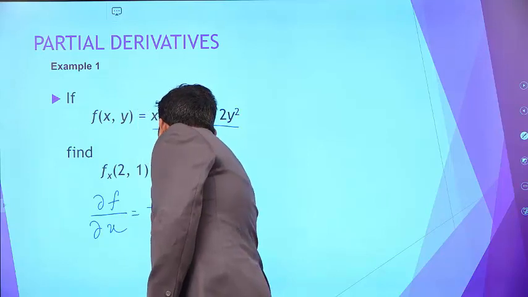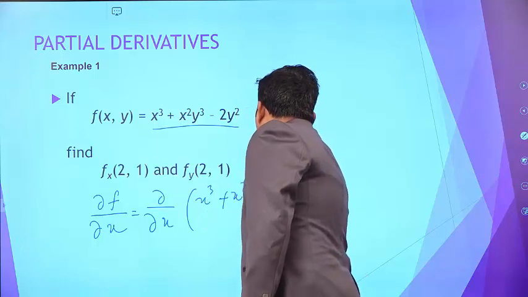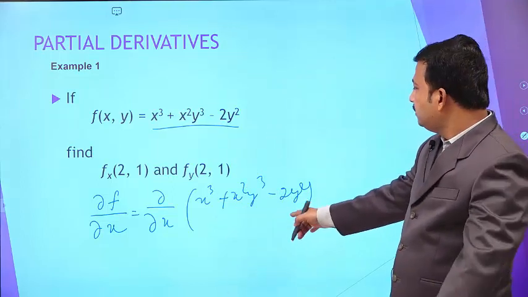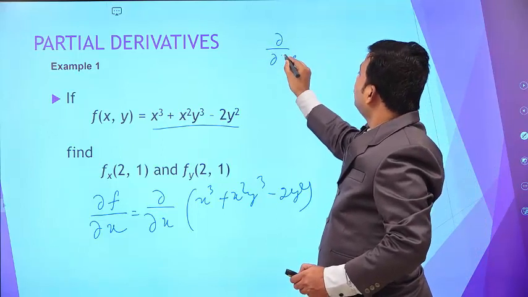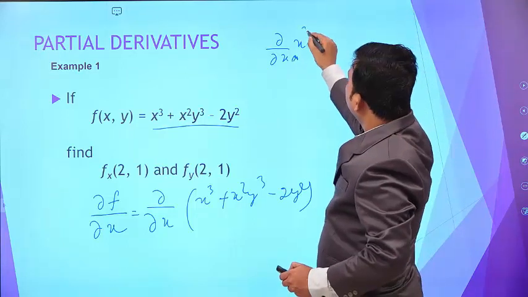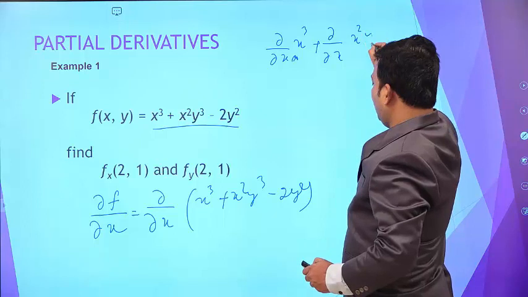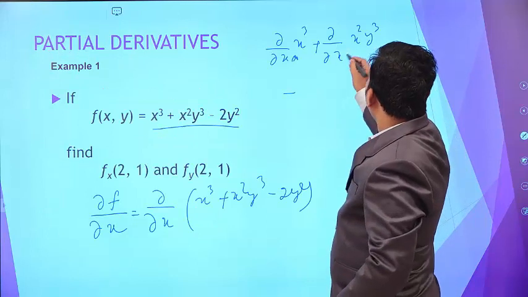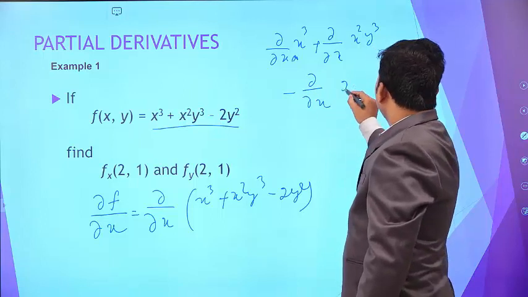So this equals dou by dou x of x cube plus x square y cube minus 2y square. Is it clear? So we can simply write it as dou by dou x of x cube plus dou by dou x of x square y cube minus dou by dou x of 2y square.